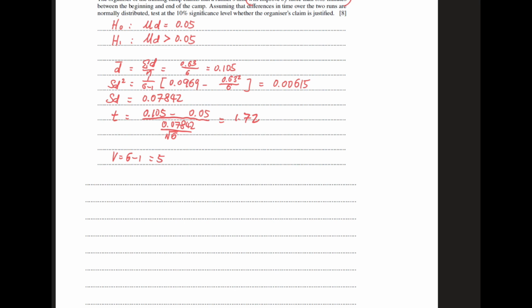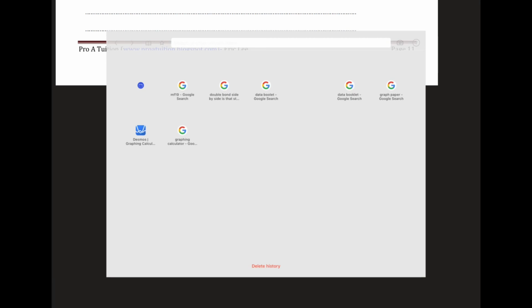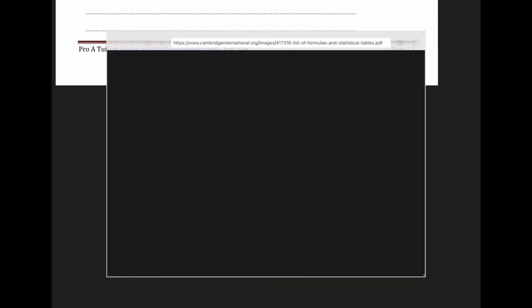Then we look in the formula booklet, MF19, the t distribution.